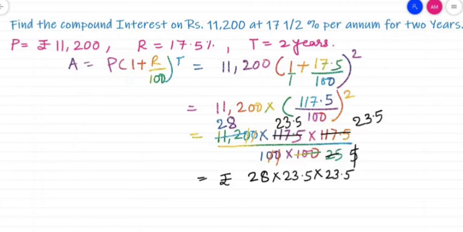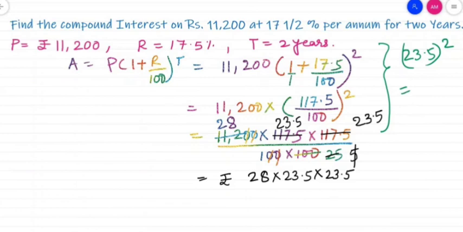Now let us find out the value of 28 into 23.5 into 23.5. Children, I hope you do remember how we used to calculate the square of a number which ends with 5. See, 23.5 whole square, because here you are having 23.5 into 23.5.